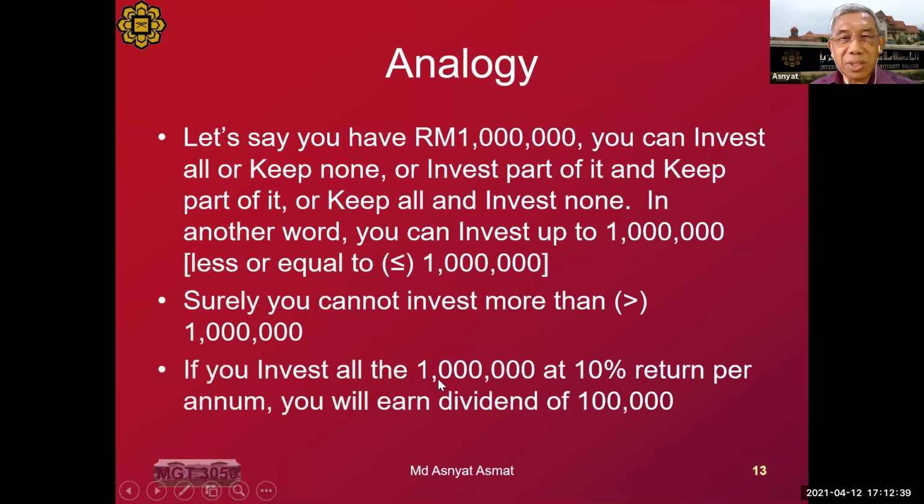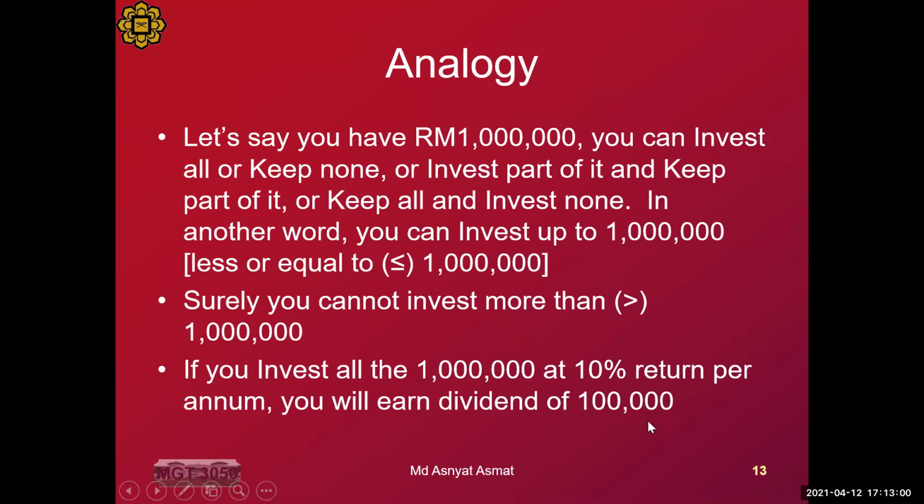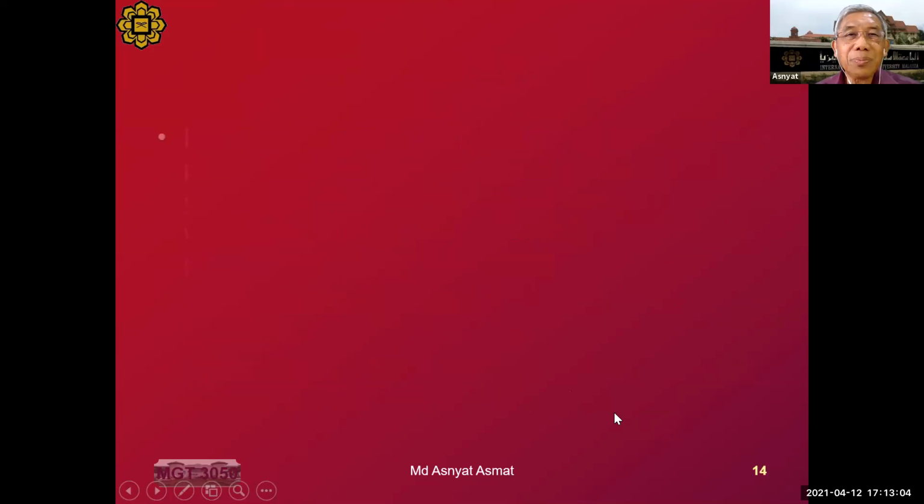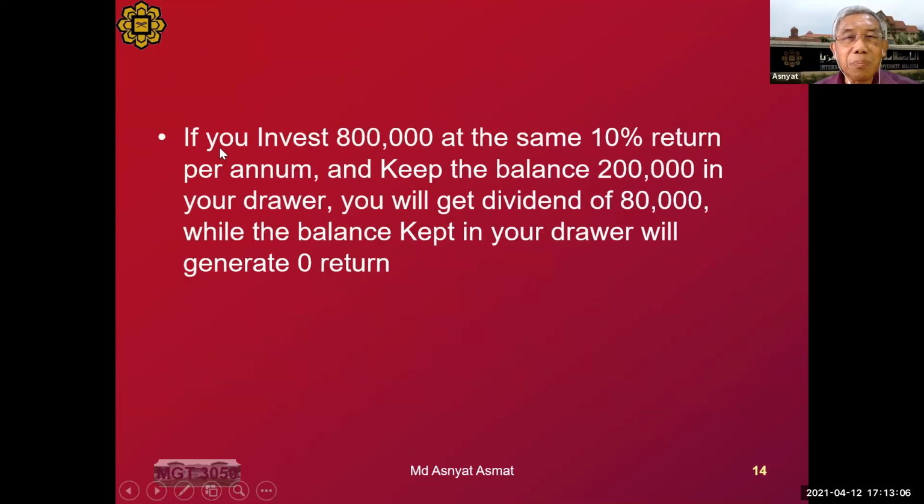Then if you invest 1 million with 10% return, how much do you get at the end of the year? 10% return of 1 million. Say you invest all, you get 100,000. Agree? So let's say you invest part of it.